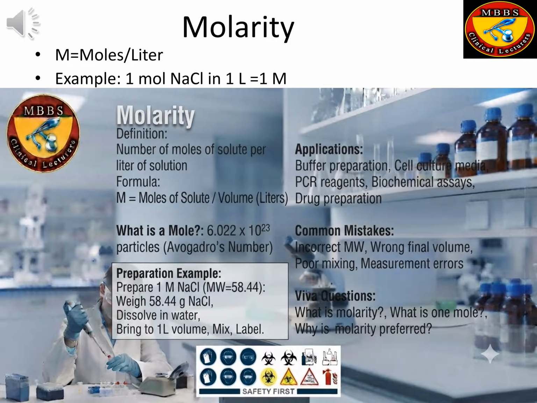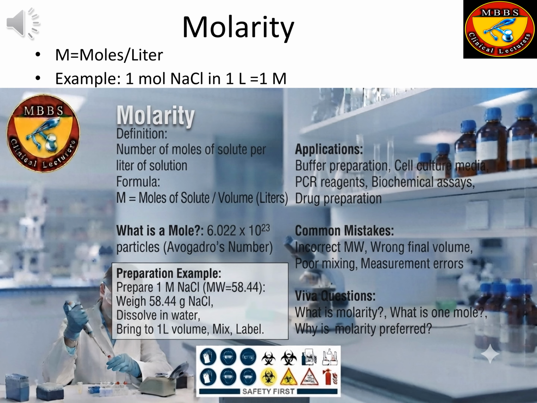Example: molecular weight of NaCl equals 58.44 grams per mole. To prepare 1 M NaCl, weigh 58.44 g NaCl. Dissolve in distilled water. Make the volume up to 1 liter. Mix well. Label the bottle.